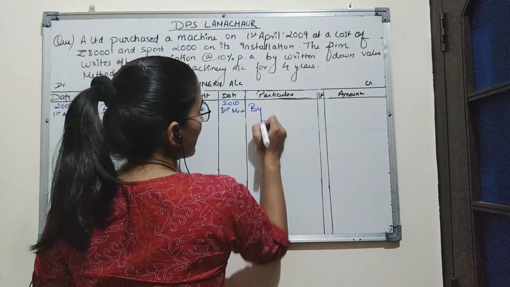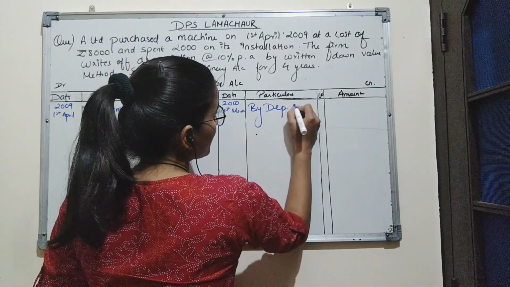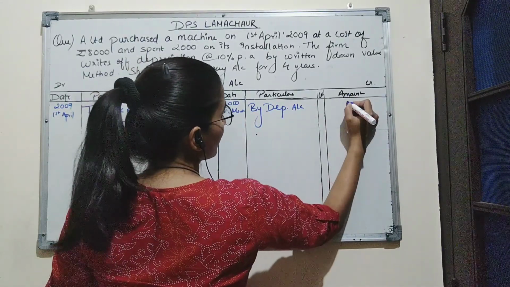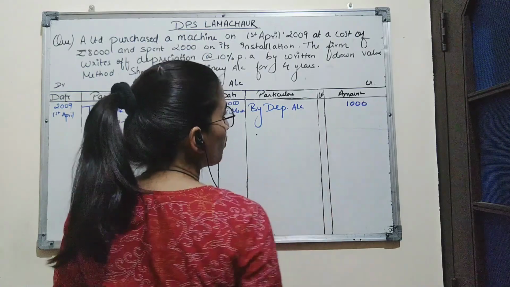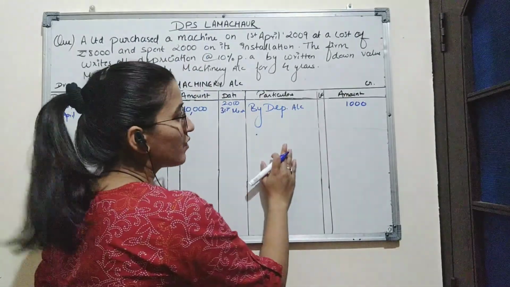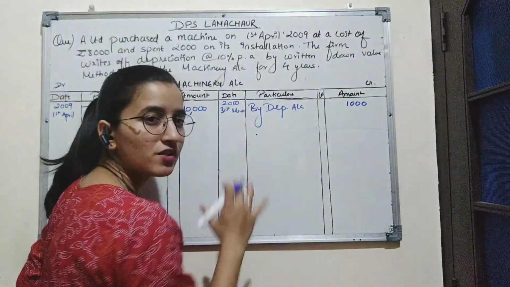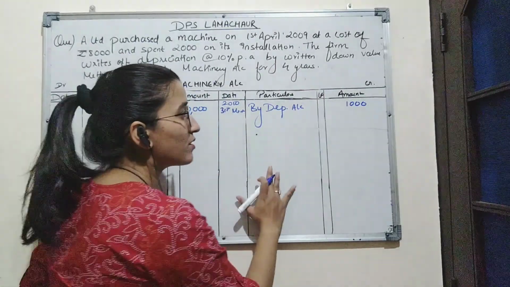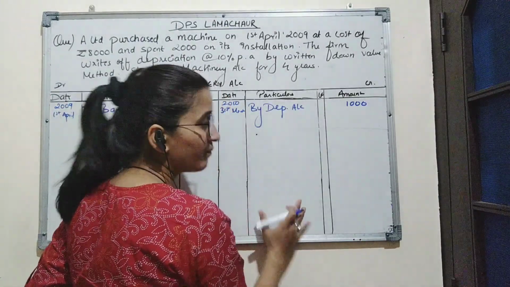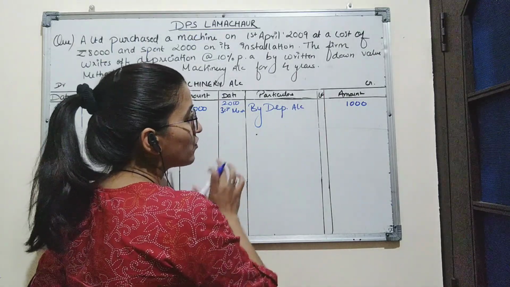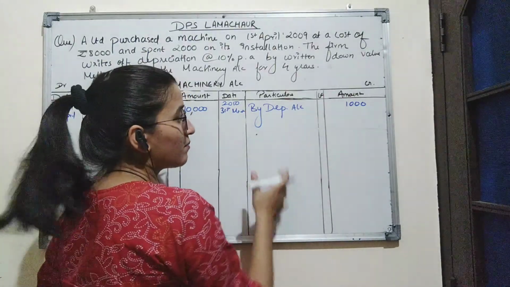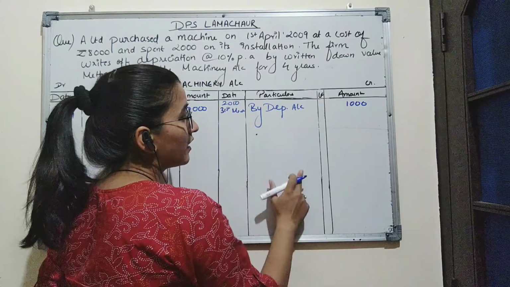So we will write it as by depreciation account, amount 1,000. The depreciation account is credited because when depreciation is charged on machinery, the entry is depreciation account debit to machinery. So while entering the depreciation amount in machinery, the depreciation account will be credited.